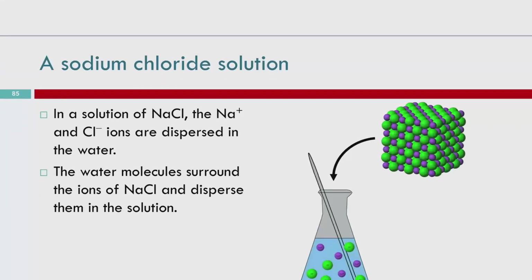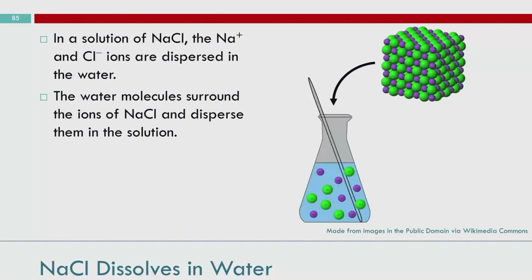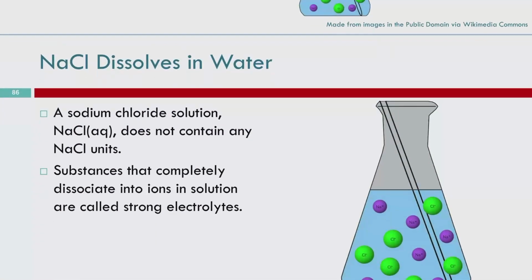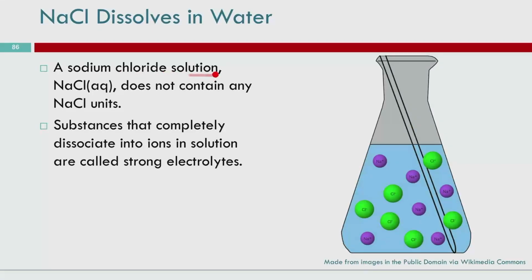Usually we omit the water part. So if you put salt in water, it separates out, and we're not drawing in all of the little water molecules with the positive or negative ends on the ions. In a sodium chloride solution, so a mixture of sodium chloride in water, NaCl aqueous does not contain any NaCl units.